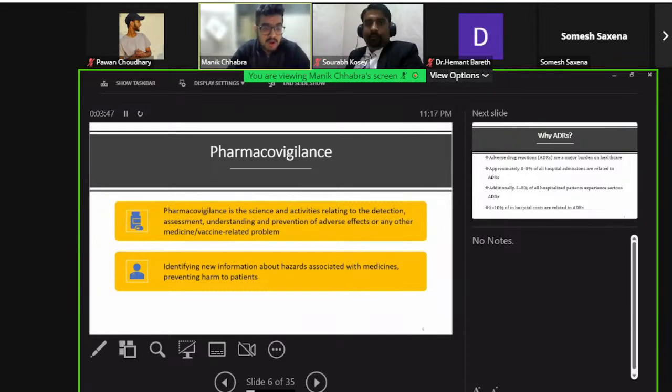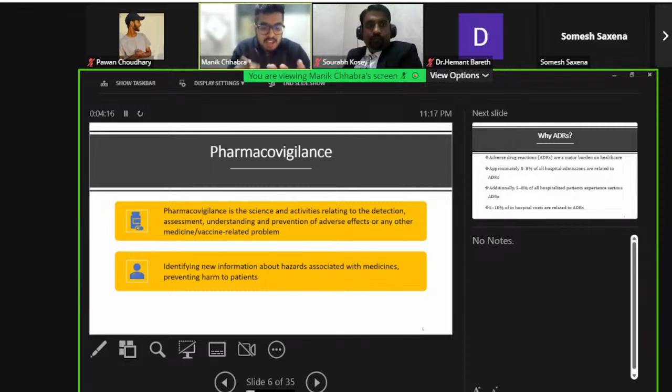And further, why pharmacovigilance? It is important for identifying new information about the hazards associated with medicines and preventing harm to patients. Usually, the milestones for the development of any drug when it comes to market are preclinical studies, clinical trials, and then pharmacovigilance. But clinical trials exclude patients with multiple comorbidities.